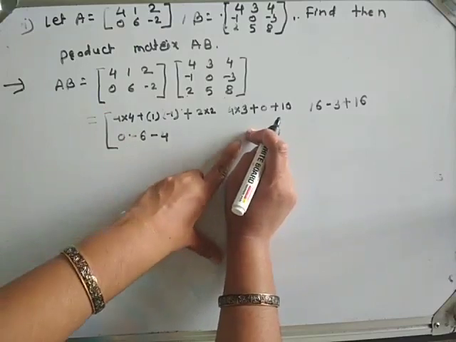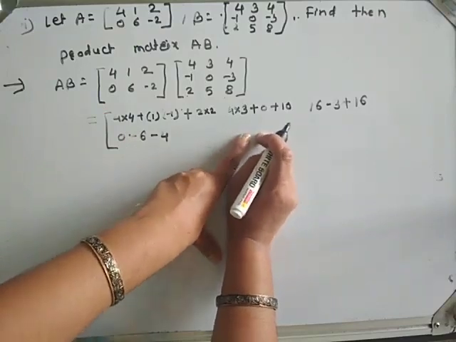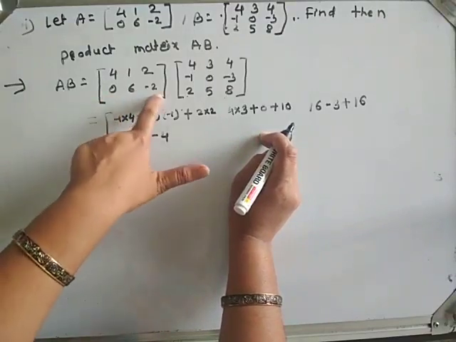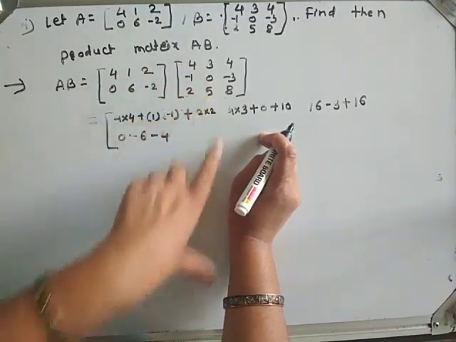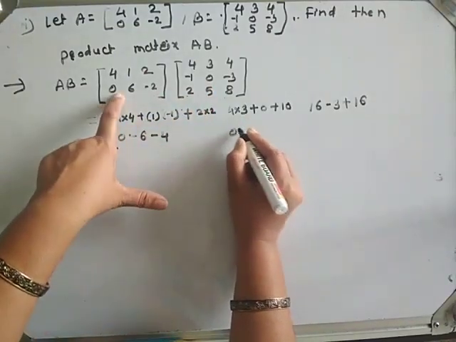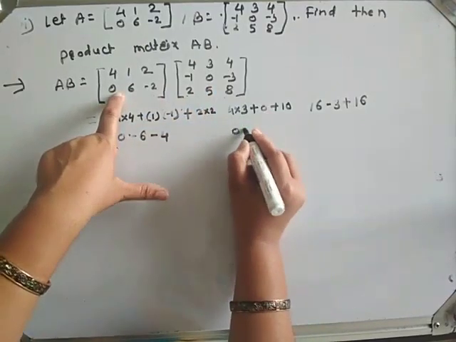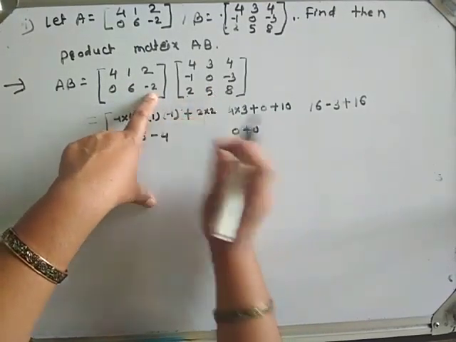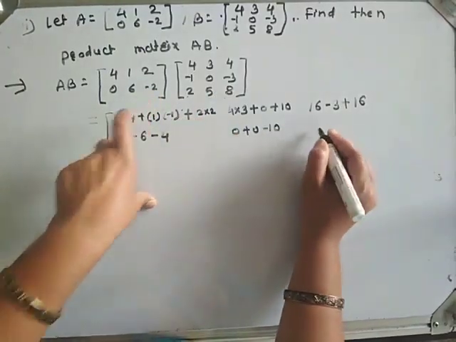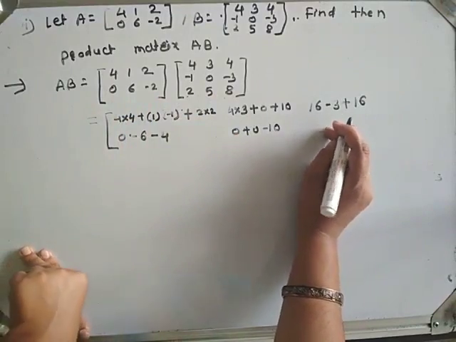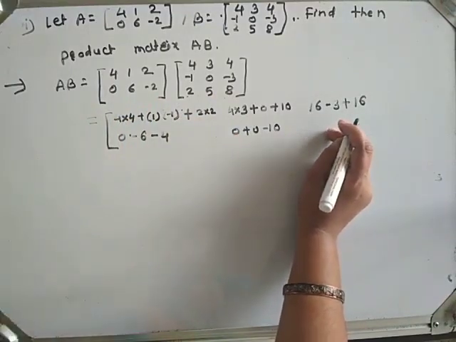Next entry is the 2/2 entry of AB. For this we have to multiply the second row of A into the second column of B. 0 into 3, it is 0, 0 into 6 plus 0, minus 2 into 5, minus 10. And the last entry is the 2/3 entry of product AB.